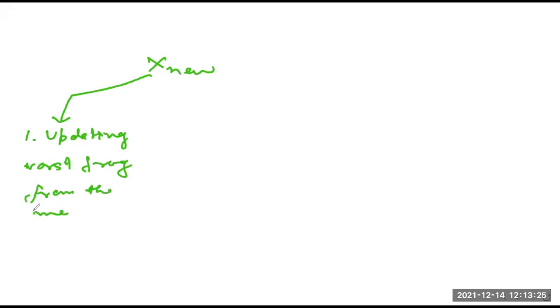The first possible way, number one, updating worst frog from the meme shared by M best. That means the colony based.